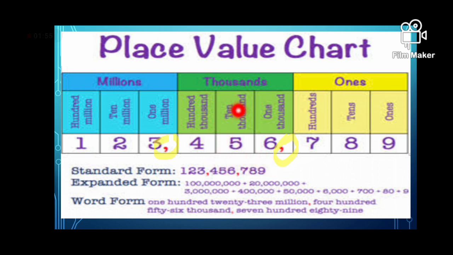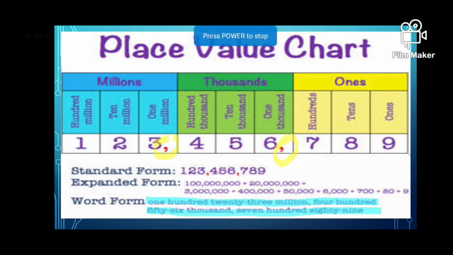Then in 10,000 we have 5, means 5 tens, means 50,000. 5 is followed by 4 zeros. Then 6 in 1,000, that is 6,000. Then 7, 100, 8, 0, 80, and 9. This is the expanded form of the number.